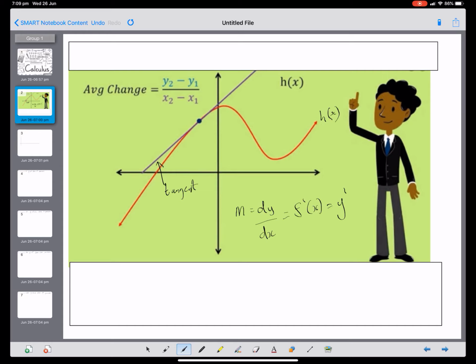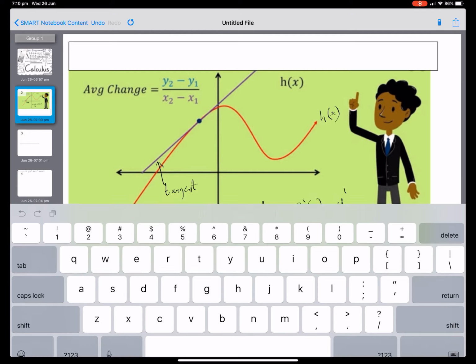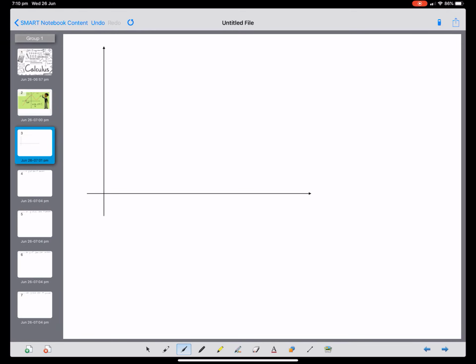Okay, so all those things mean the same thing. So if we are differentiating from first principles, our goal is to derive a formula which gives us the derivative or the gradient at any point along the curve. And we're only differentiating smooth, continuous functions. Okay, so let's have a look at this.